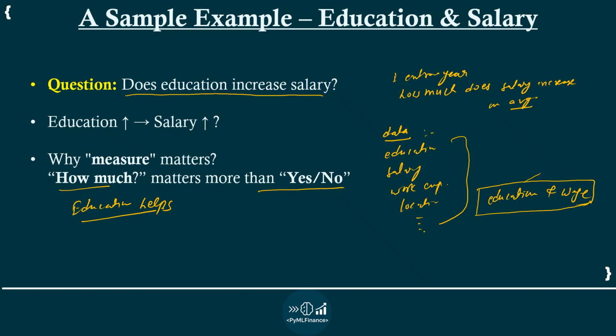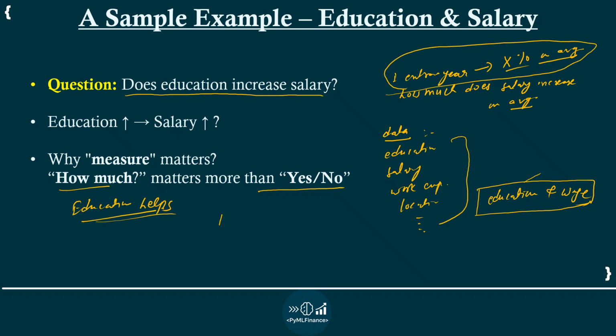Instead of saying education helps increase salary, it becomes: one extra year of education increases wage by X percent on average.